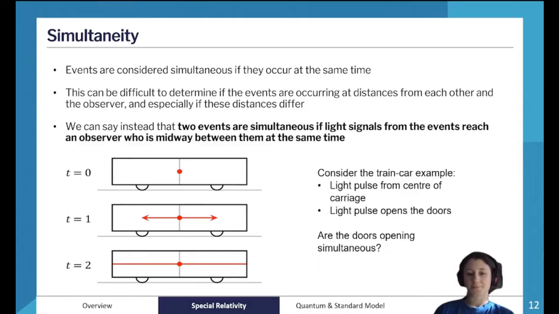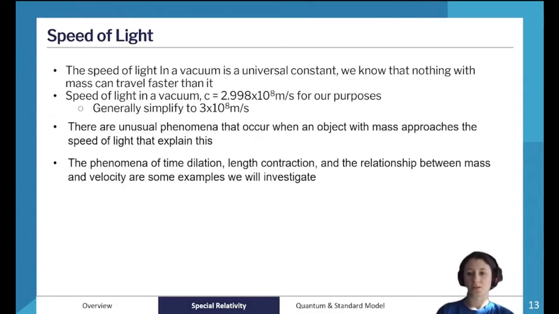All right, now let's get on to the speed of light. So, the speed of light in a vacuum is a universal constant. Remember, that's linking back to Einstein's second law. And further, we know that nothing with mass can travel faster than it. So this is getting onto the universal speed limit, which is what it's kind of colloquially called.